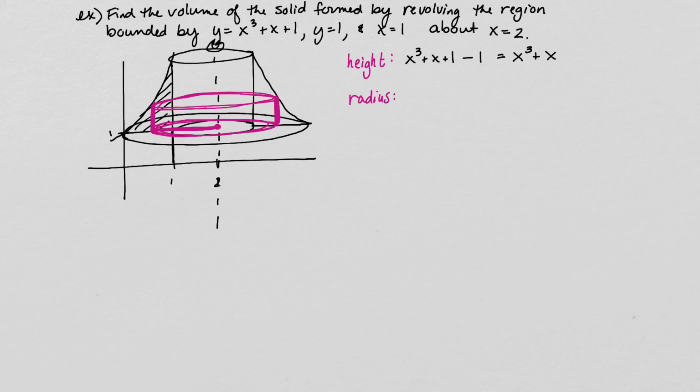Are we okay with that being what the radius should be, in terms of the picture? The radius starts there at 2 and goes out to the edge.